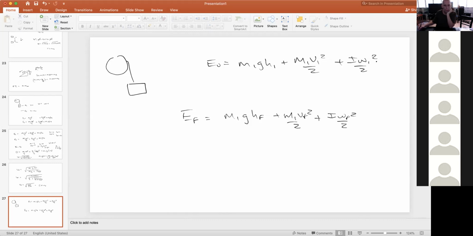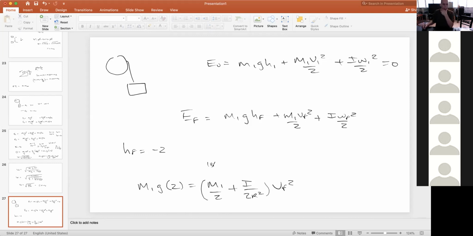This tells me that if this is all 0 and H final is -2, I get M1G times 2 is equal to M1 over 2 plus I over 2R squared times V final squared.